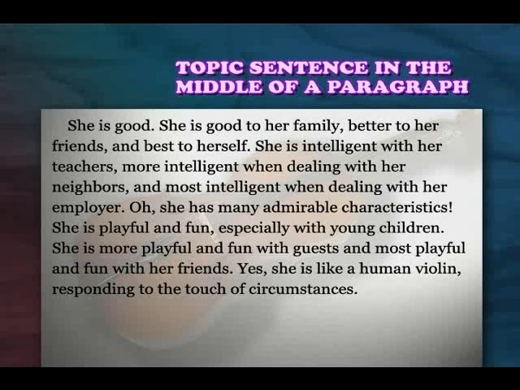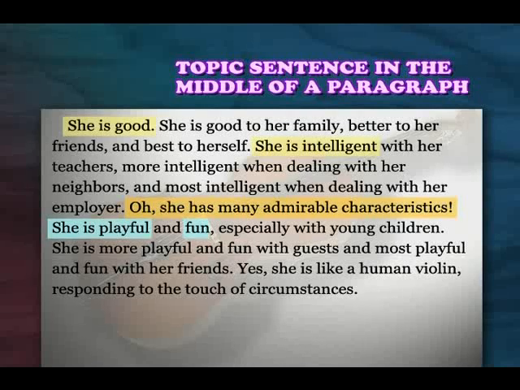My topic sentence is right in the middle. Oh, she has many admirable characteristics. Notice I have 2 characteristics on the top and 2 characteristics on the bottom. On the top, I have that she is good and that she is intelligent. On the bottom, I have that she is playful and she is fun.